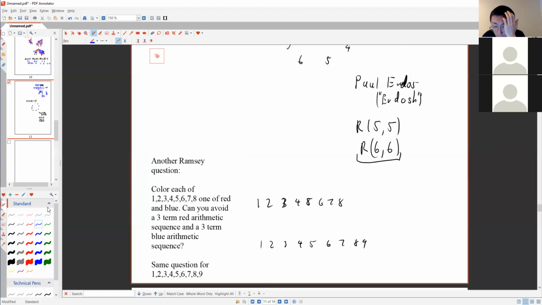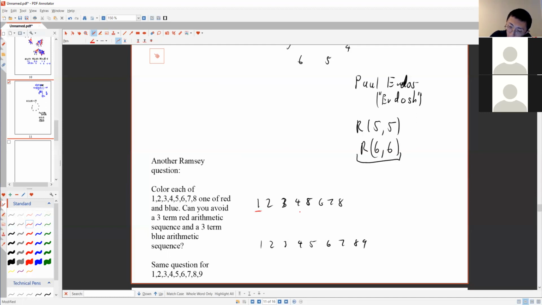Can anyone spot a way to color them red and blue? I think there's one way.